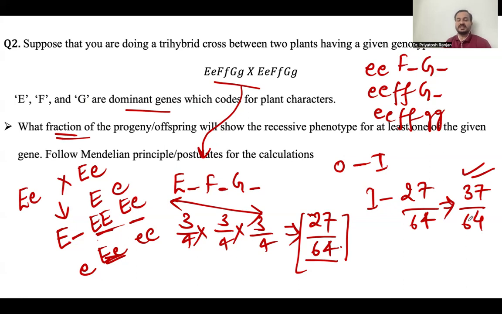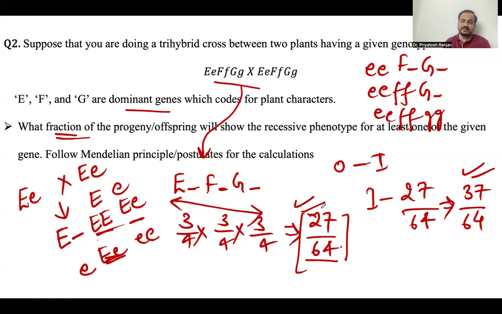What you need to consider is, there are going to be many possibilities for the offsprings which will show the recessive phenotype for at least one of the gene. But what I'm asking you to do is, you just calculate the number of offsprings which will not carry a single recessive gene for capital E, capital F, and capital G, and that number is going to be 27 by 64.